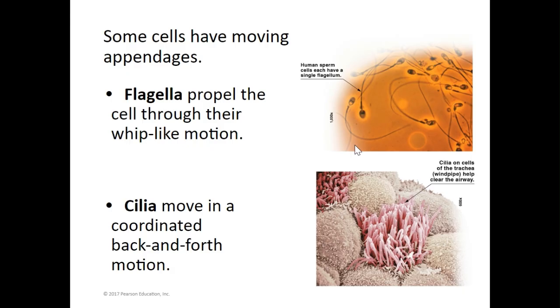Cilia are projections on the outside of the cell that are small, and they move in a coordinated fashion, like back and forth movement. So they can move a single-celled organism through space, but we also have cilia in our windpipe that can move objects in coordinated effort to move objects up and out if we accidentally swallow something small down the wrong hole.